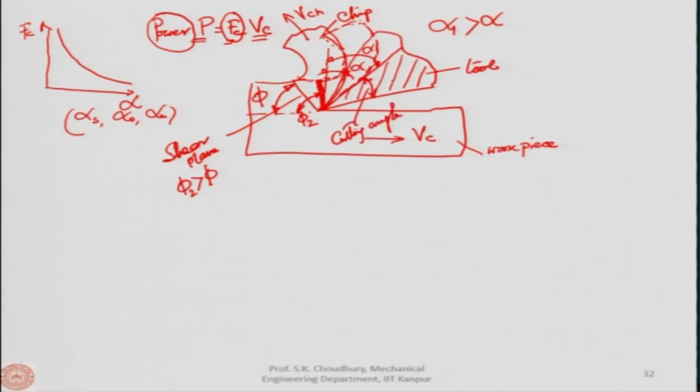This cutting angle is between the rake face and the flank face. It actually decreases as we are increasing the rake angle, and the tool is becoming weaker because it is becoming thinner, and less material is available. Less material means that the tool will not conduct the heat sufficiently, because when there is more material, the heat conduction is more.